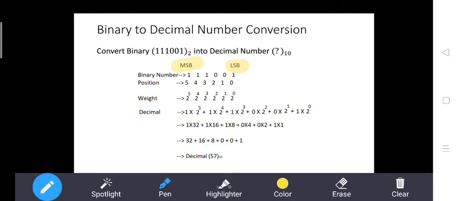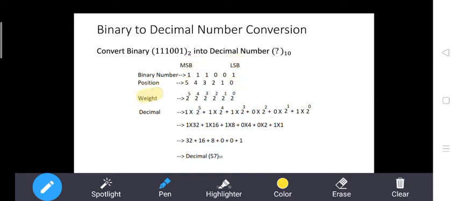Next, we need to write the position of each digit. LSB has position 0, and MSB has position 5. So the first digit has position 0, the second digit 1, the third digit 2, the fourth digit 3, the fifth digit 4, and this continues.